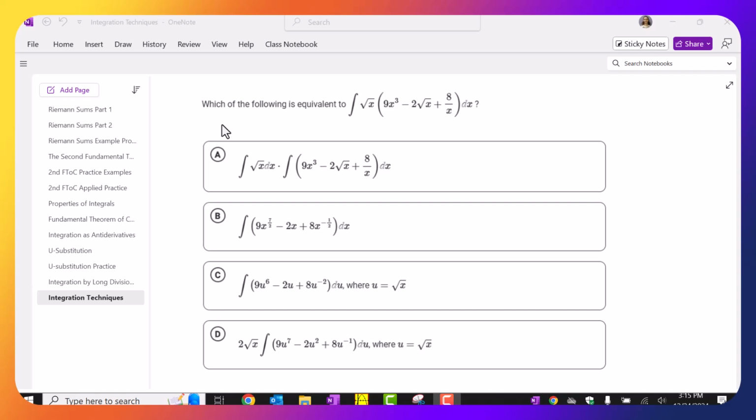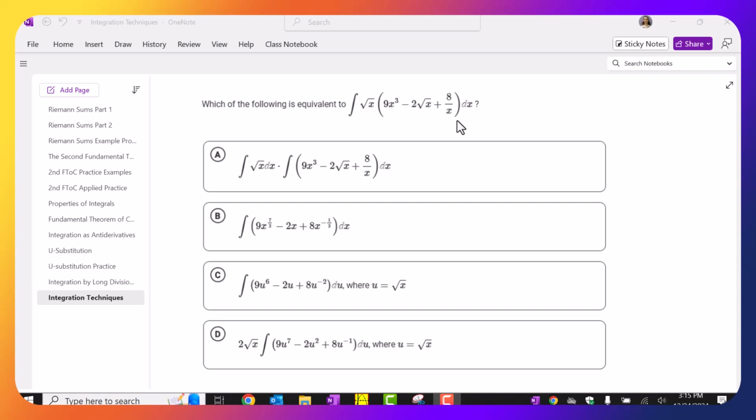Let's try just distributing. Let's just distribute this. Just like how before, all we did was we basically distributed the denominator. Let's distribute this and see what happens.